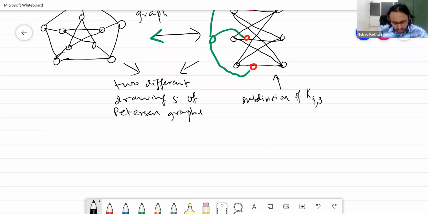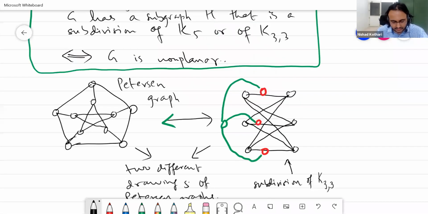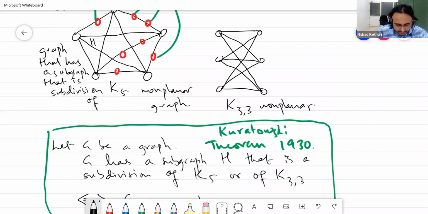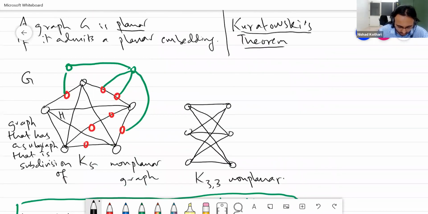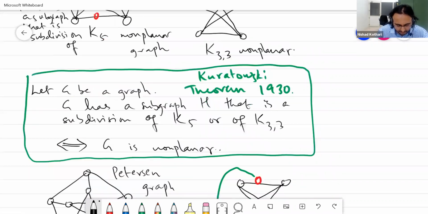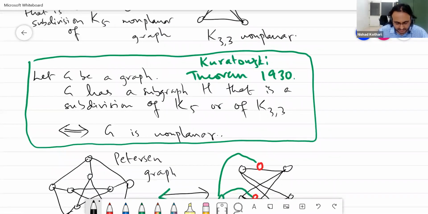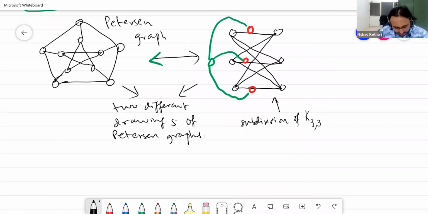Anyways, this is what Kuratowski's theorem says. And it gives you information about when a graph is non-planar, right? After this theorem, people ask various sorts of questions. What if you have a graph that is non-planar?